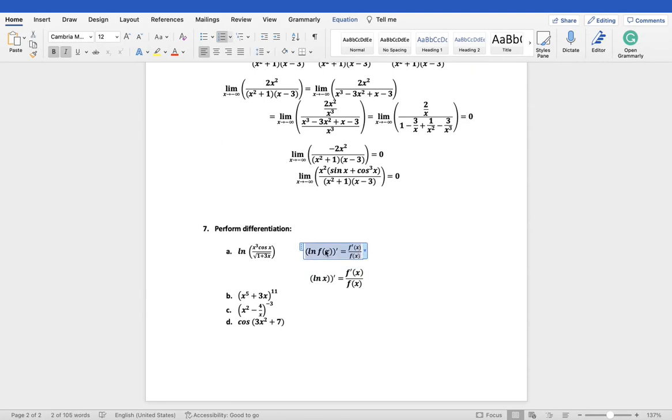For any function, it could be x, it could be x cubed, it could be the function like the one we have in sub question A here, which is why I always like to tell people that if you just know the general rule, you can apply it to any function. So let's say we're looking at ln of x. You have to take the derivative of x first. What's the derivative of x here?